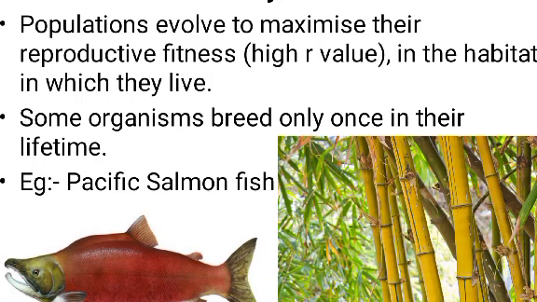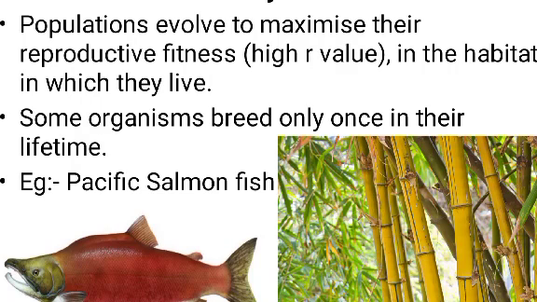That is, the characteristics will be making them survive and reproduce in the habitat in which they live. Okay, so many selection pressures will be there, and the organisms have to overcome all that, and they evolve to achieve the most efficient reproductive strategy.